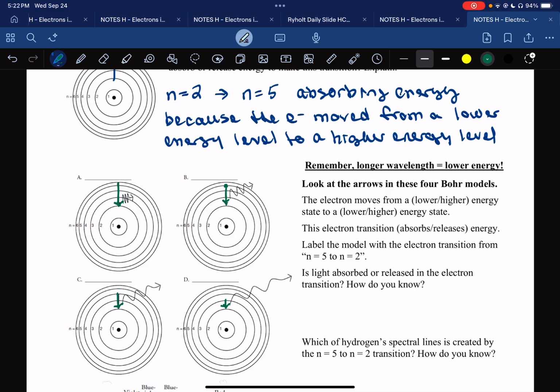We're starting off at a higher energy state and moving to a lower energy state, which is the opposite of what we did before. And when that happens, just like I was saying before, we're going to emit light.